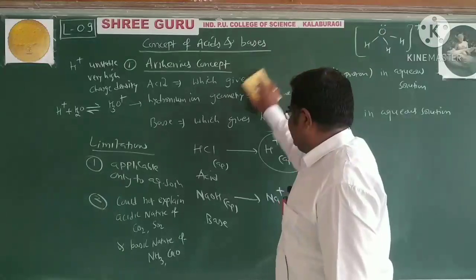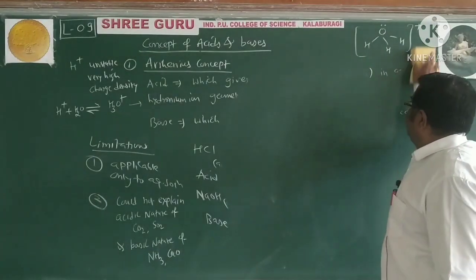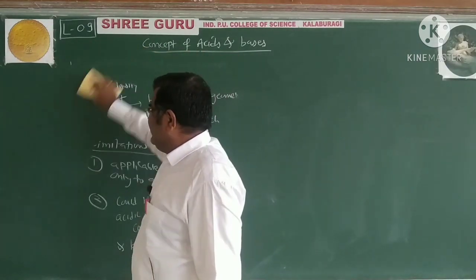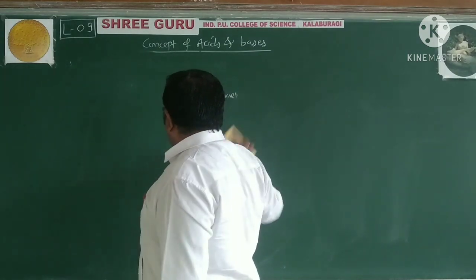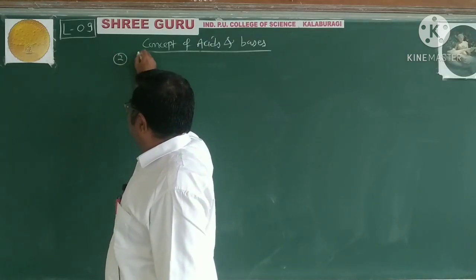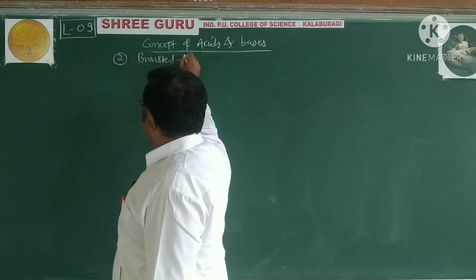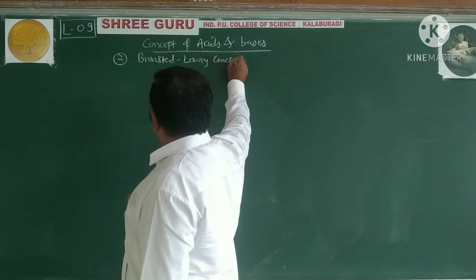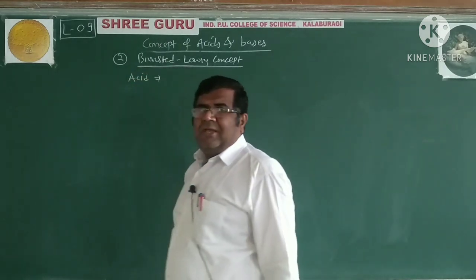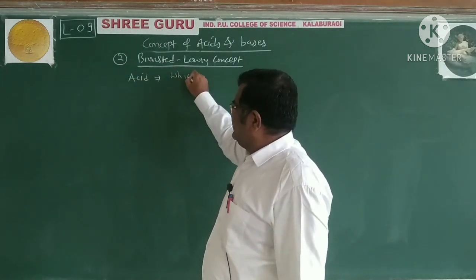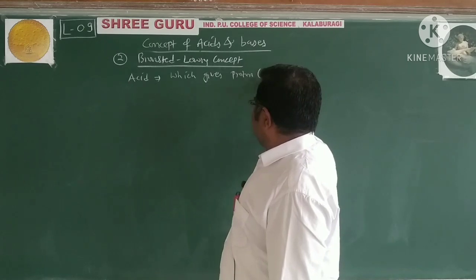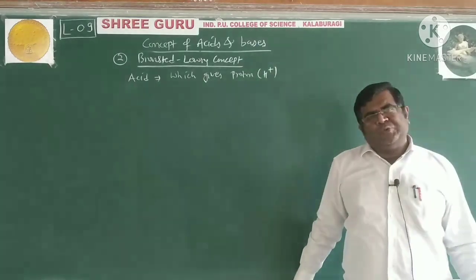So the next concept, which tries to remove the disadvantages of this concept, comes into the picture, and it is called the Bronsted-Lowry concept. The second concept, the Bronsted-Lowry concept. According to this concept, an acid is a substance which gives a proton, meaning H plus ion, not necessarily in aqueous solution.